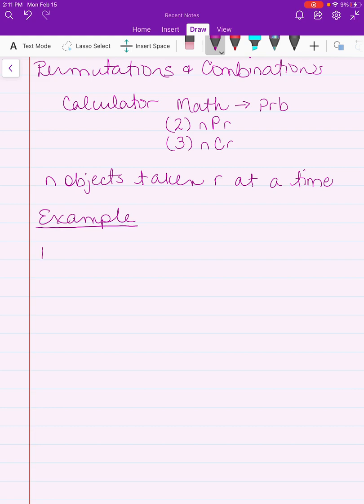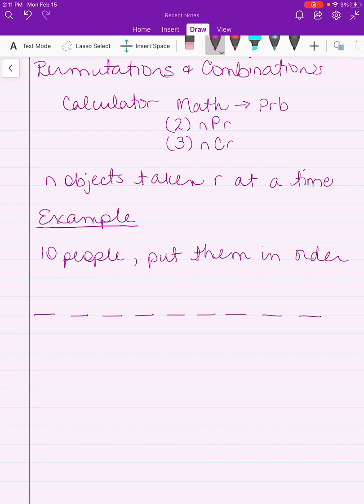If I have 10 people and I want to put them in order, then we have all 10 that we're going to use. This is a permutation because we want to look at how many different ways these 10 people can be put in order.